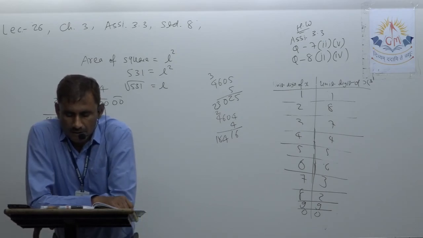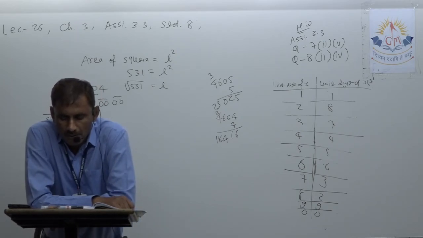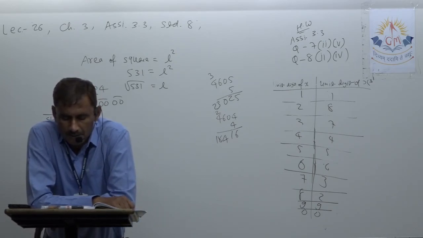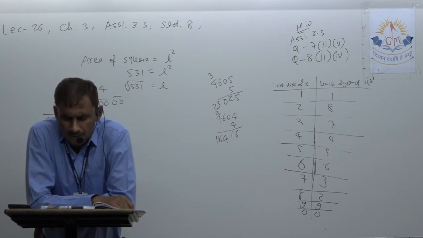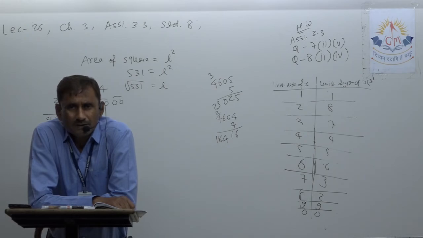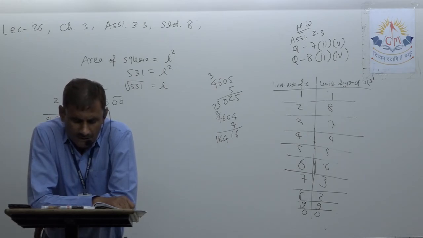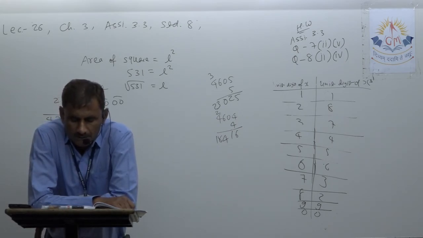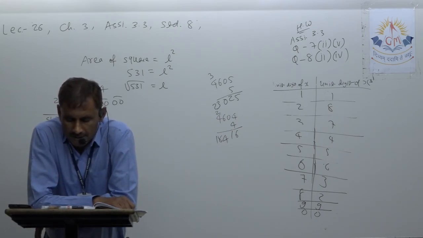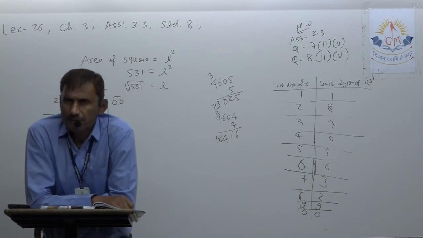Okay, property number 7. The cube of natural numbers of the form 3n plus 1 is also a number of the form 3n plus 1. No need to understand this right now. Same way property number 8 also, we just skip both of these properties right now. Number 9, the cube of a number which ends in 0 ends in zeros only.